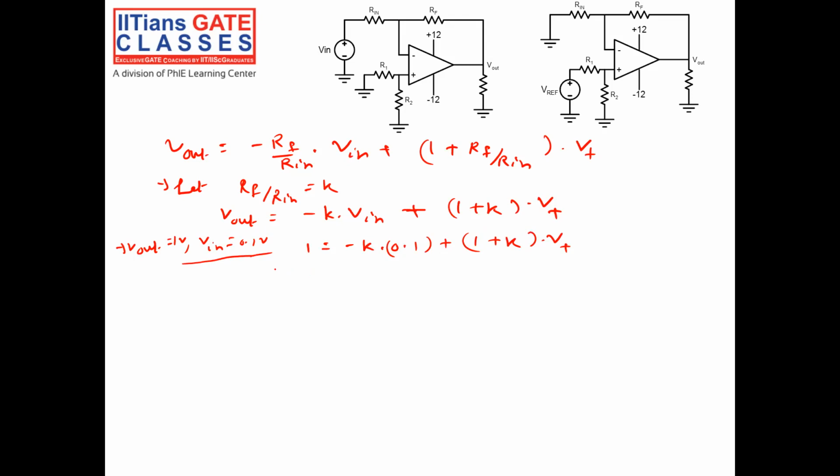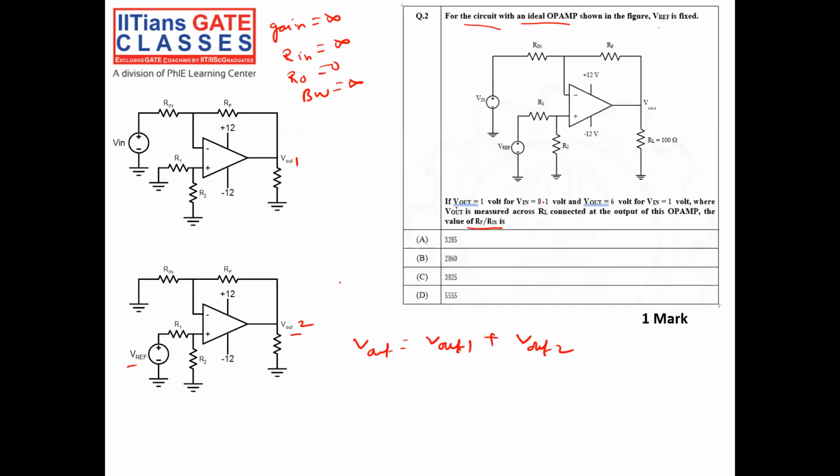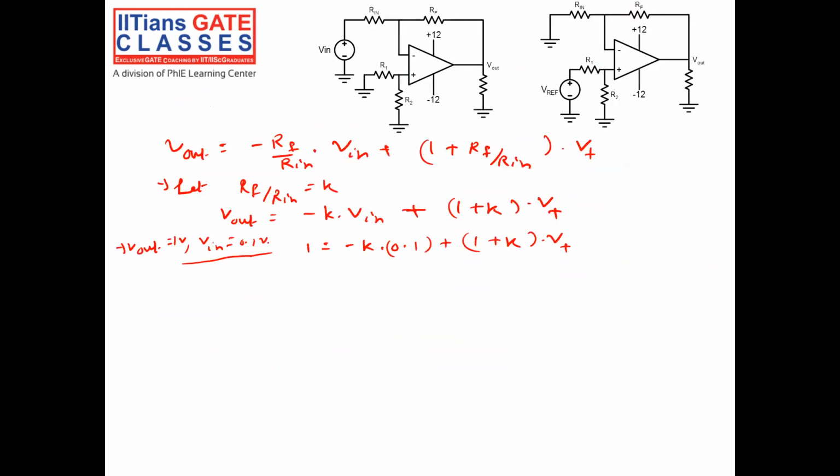This is equation 1. The second condition is V out is equal to 6 volt when V in is equal to 1 volt.